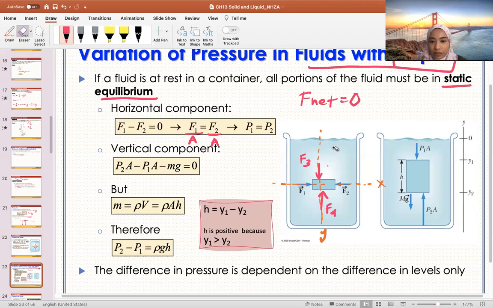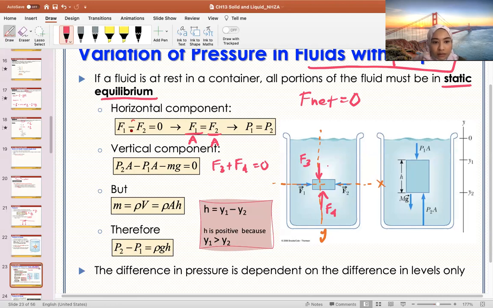Okay, so I'm talking about F3 and F4 now. So F3 should be equal to F4 because the F net is equal to 0. Let me write it here. So F3 plus F4 is equal to 0.